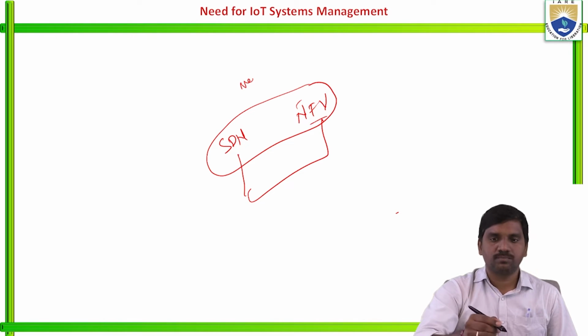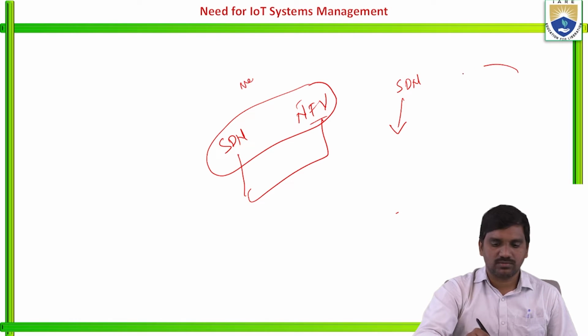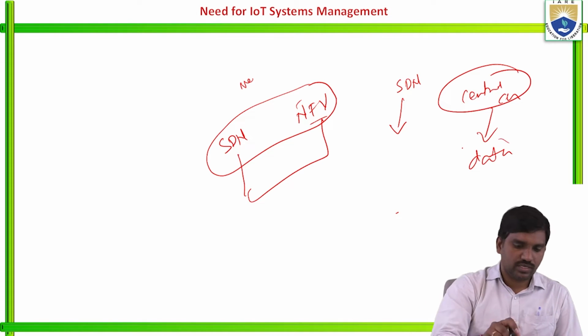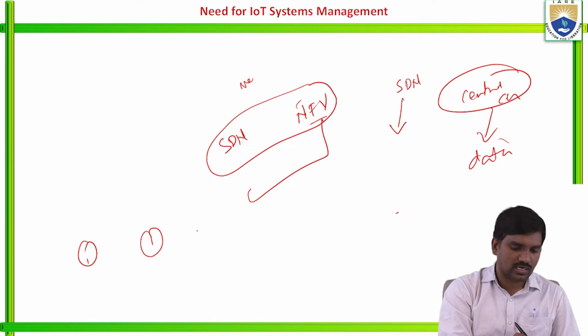So, the difference between software defined networking and network function virtualization. In software defined networking, we just have to maintain centralized servers, a centralized control plane, for every data plane. So here we have data plane 1, for example data plane 2, data plane 3.